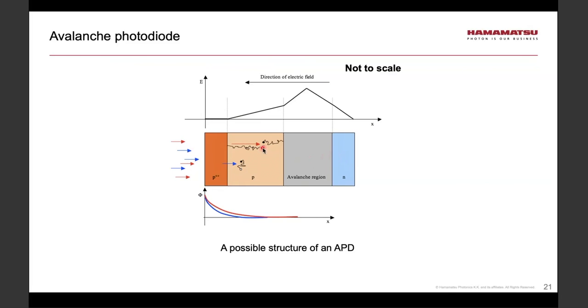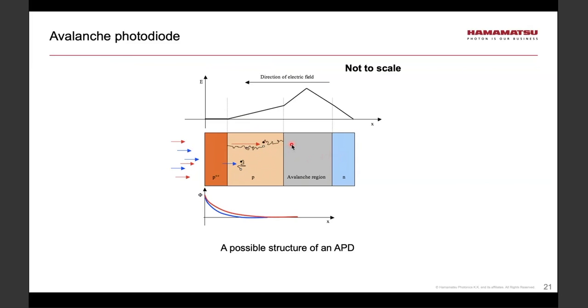So we create the electron-hole pair. The electric field in this region separates the two carriers, and one of them is going to drift towards the avalanche region. It injects itself into the avalanche region and initiates the avalanche.